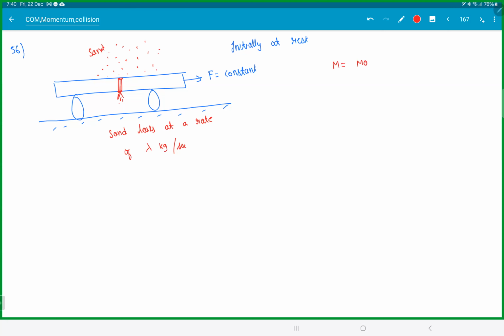One is the mass of the trolley plus sand. Find the velocity of the trolley at time t.